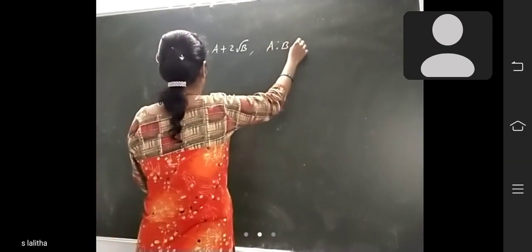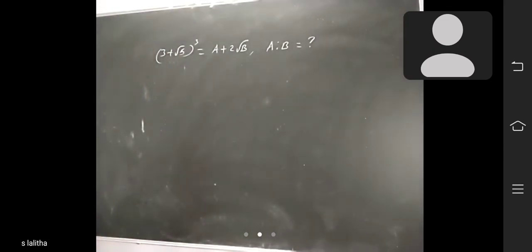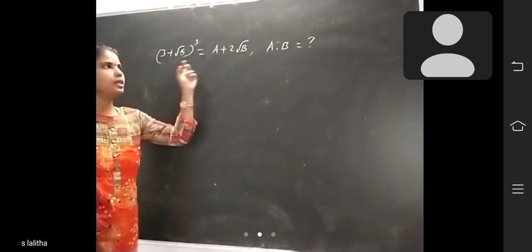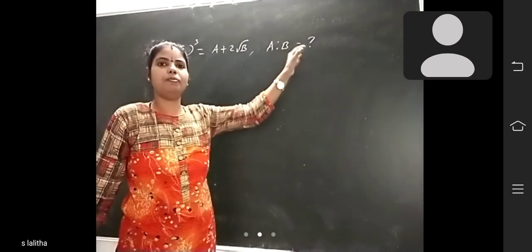If (3 plus root 5) whole cube is equal to a plus 2 root b, then you have to find a is to b. So here what is given? (3 plus root 5) whole cube equal to a plus 2 root b. Now you have to find a is to b value.